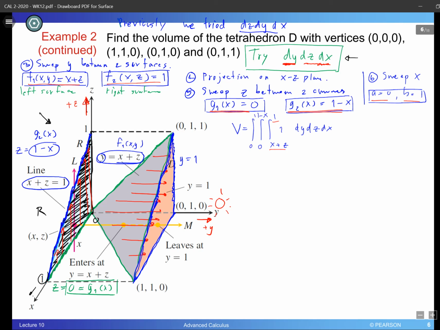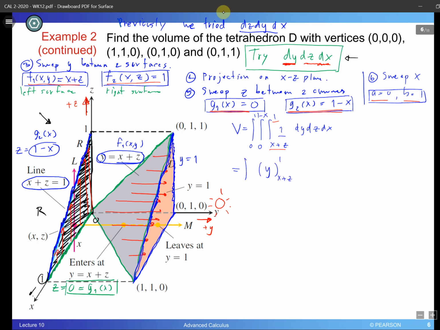Now let's work on this integration. So this is going to be equal to, we integrate this with respect to y. Of course, we are going to get just y out of that. And we need to evaluate this at two values of y, x plus z as the starting point and ending at 1.